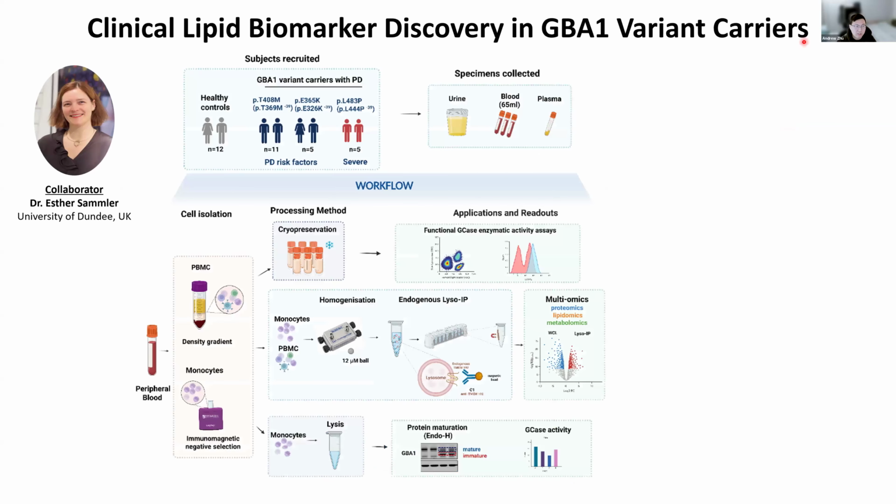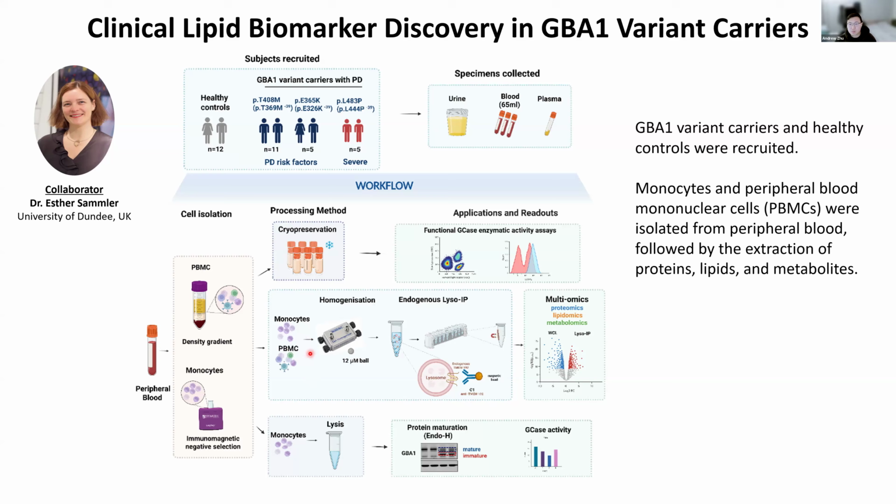In collaboration with clinical researcher Dr. Esther Sammler at the University of Dundee in the UK, we were able to recruit GBA1 variant carriers with PD, including T408M, E365K, and also some L483P patients, and also some healthy controls. We collected specimens including urine, blood, and plasma, and were able to isolate monocytes and PBMCs, the peripheral blood mononuclear cells, from the peripheral blood.